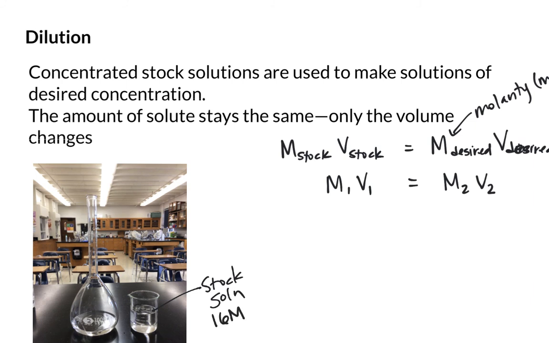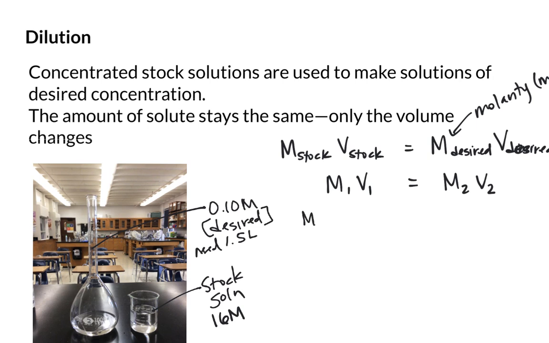And you want to make a solution that is just like a lower concentration so that it's not so strong. 0.10 molar is your desired concentration, okay? And you need 1.5 liters of that concentration.